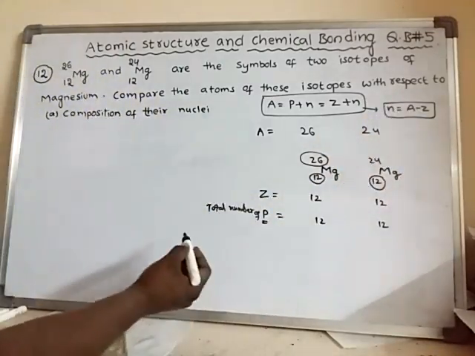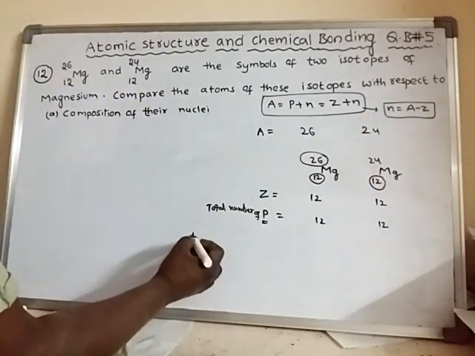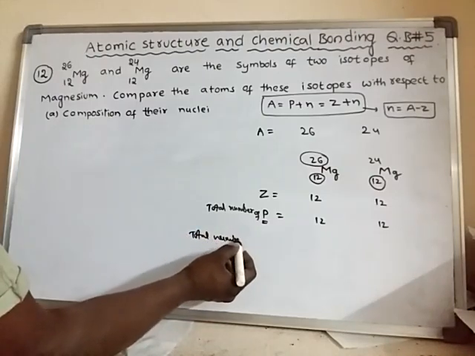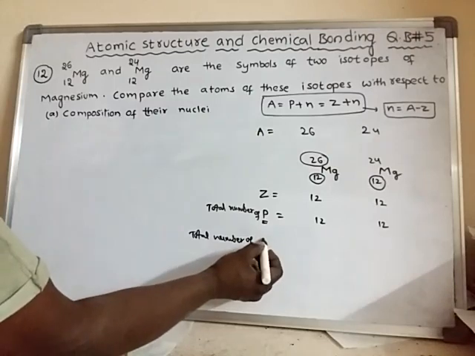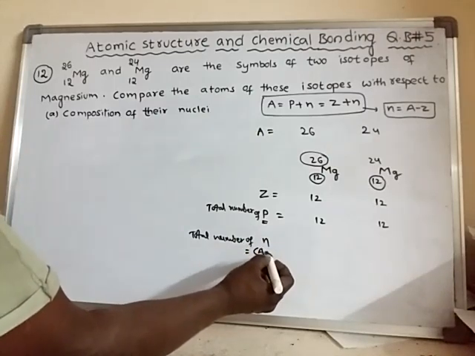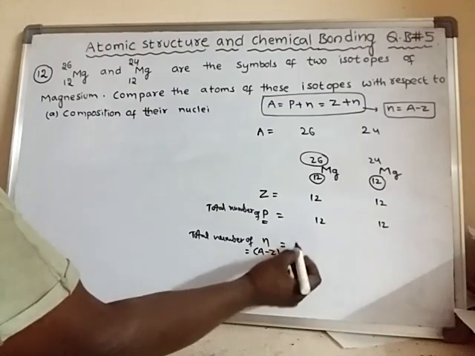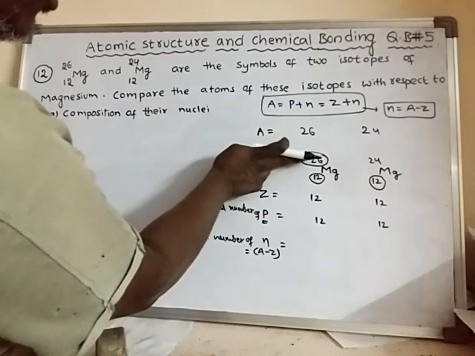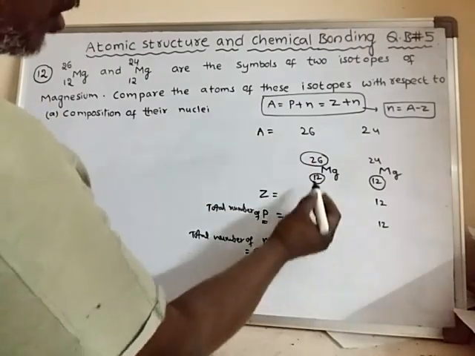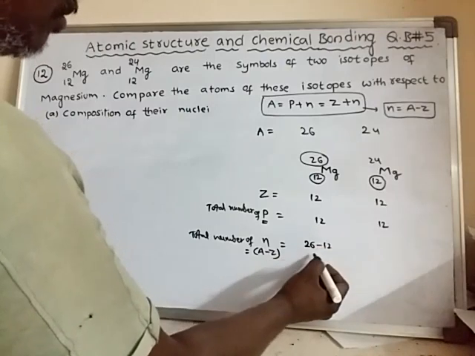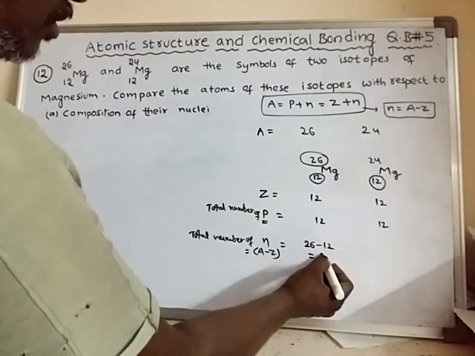So here, the total number of neutrons is equal to A minus Z. A is 26 and Z is 12, so 26 minus 12 will be 14.